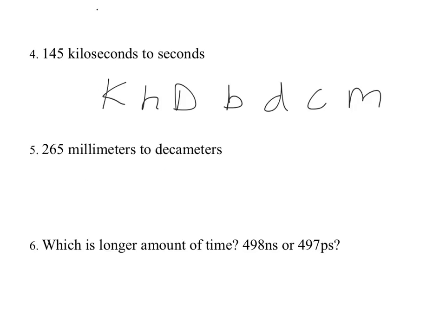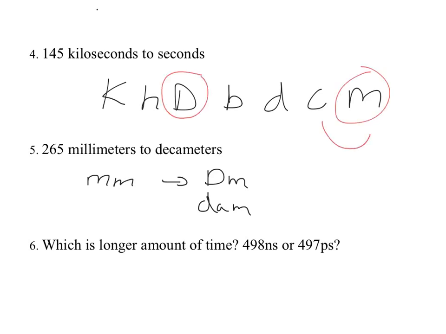If we skip to number 5, 265 millimeters converted to decameters, that's capital DM, decameters, or DAM. I've seen it occasionally, usually capital D though. But you're going from millimeters to decameters, which means you're starting at the prefix milli, going to deca, 1, 2, 3, 4 places to the left. That's what you're going to do with your number.